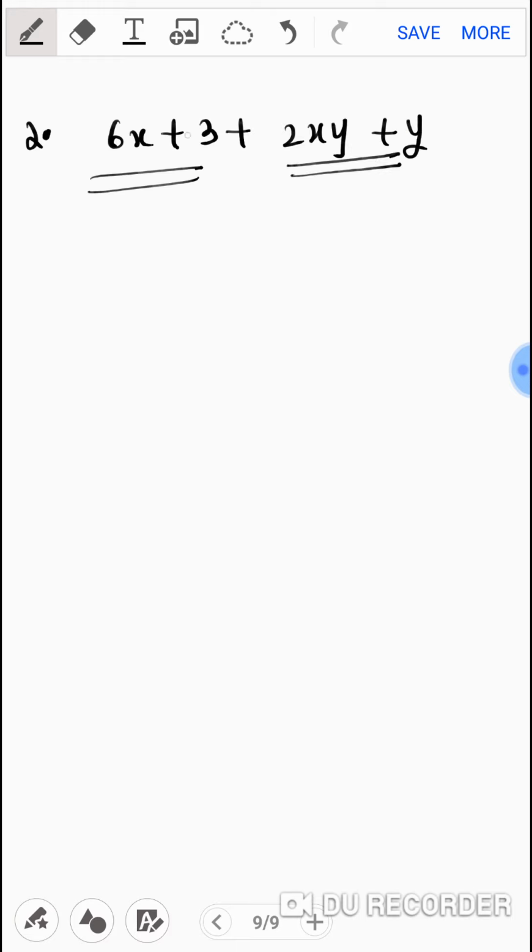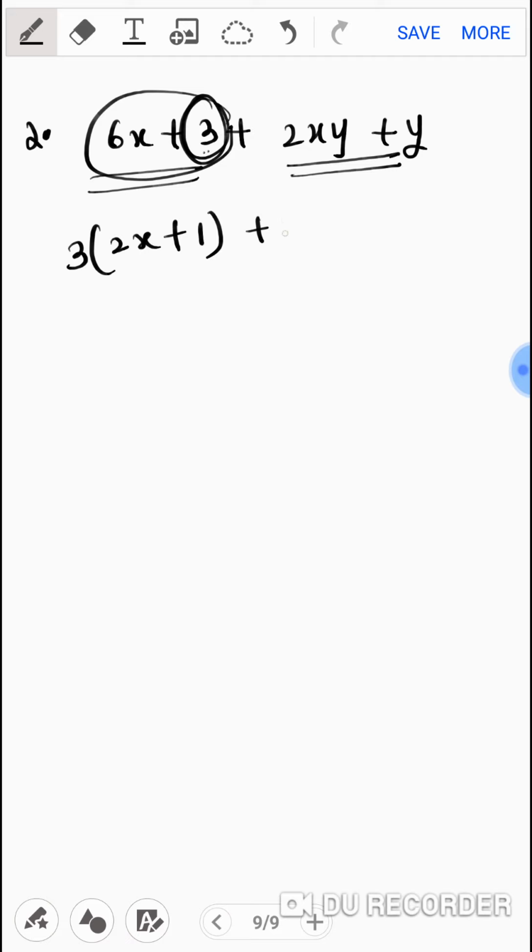I'll jump on to problem number 2, and that says 6x plus 3 plus 2xy plus y. As I said, you have to take the groups and take the highest common factor. So 3 will be common, inside will be 2x plus 1. When 3 is taken common, and in this place nothing is there, you have to write 1.